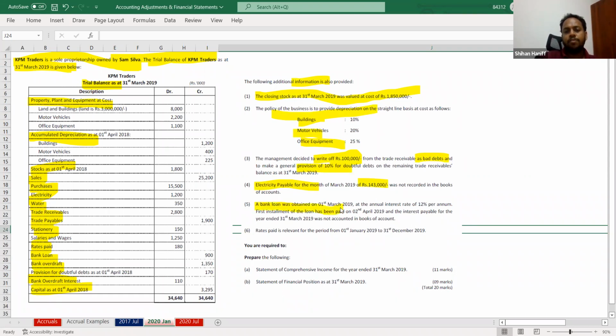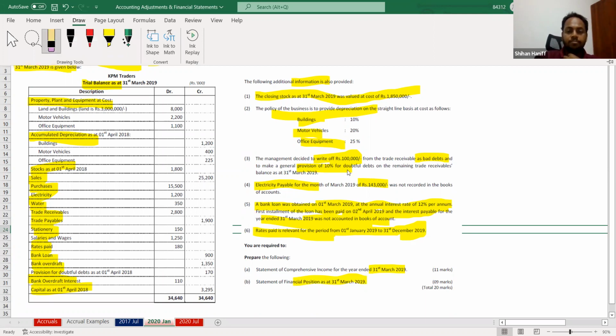Bank loan was obtained on 1st of March at an annual interest rate of 12% per annum. First installment was paid on 2nd April. Interest payable for the year ended 31st March was not accounted. Rates paid is relevant for the period 1st of January to 31st December 2019. We have to prepare the income statement and statement of financial position as at 31st March 2019. Okay, so let's draw the format.